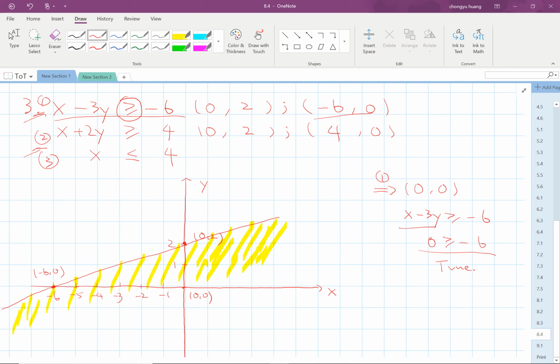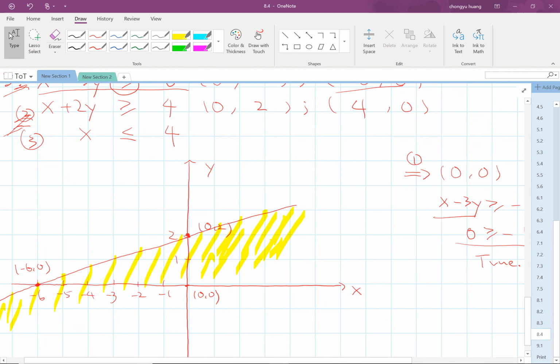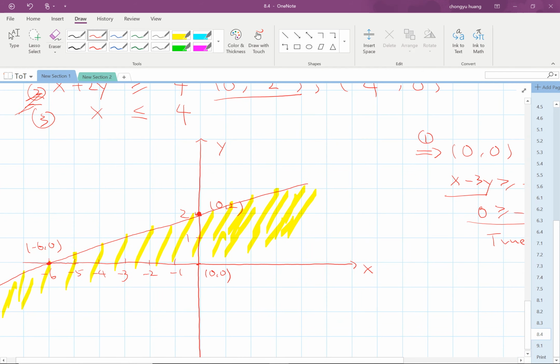Now we're focusing on the second equation. As you can see, we have 0, 2 over here, which is the same point, and then we have 4, 0. Let me label it: here is 1, 2, and then 3, and then 4.